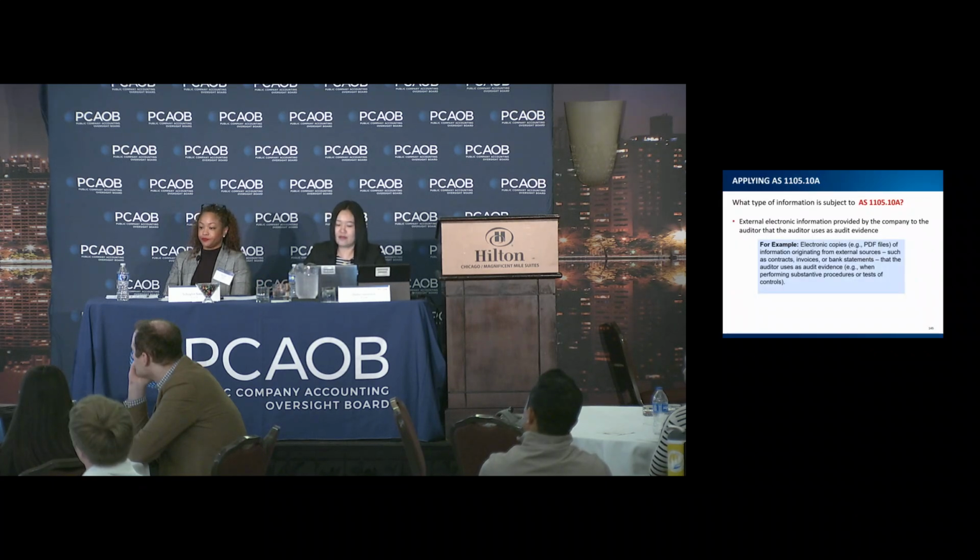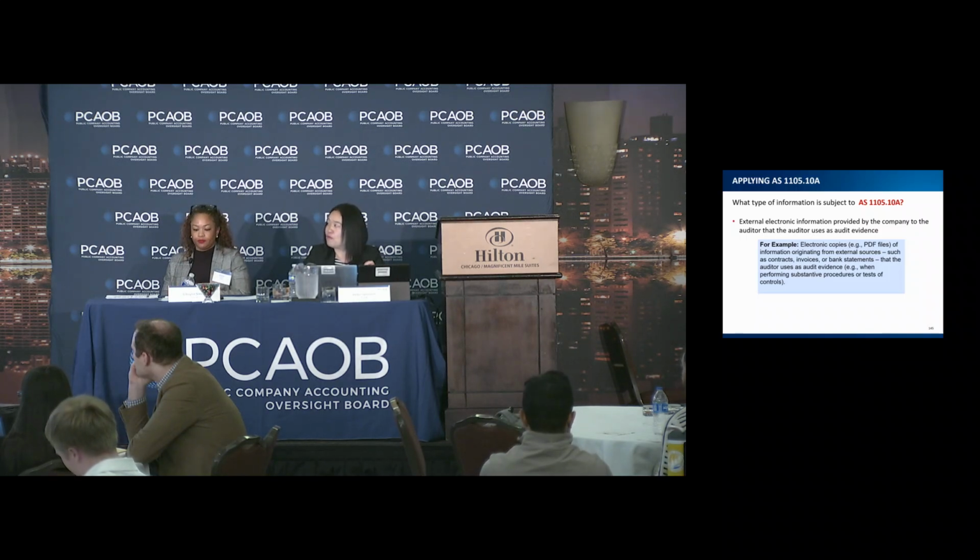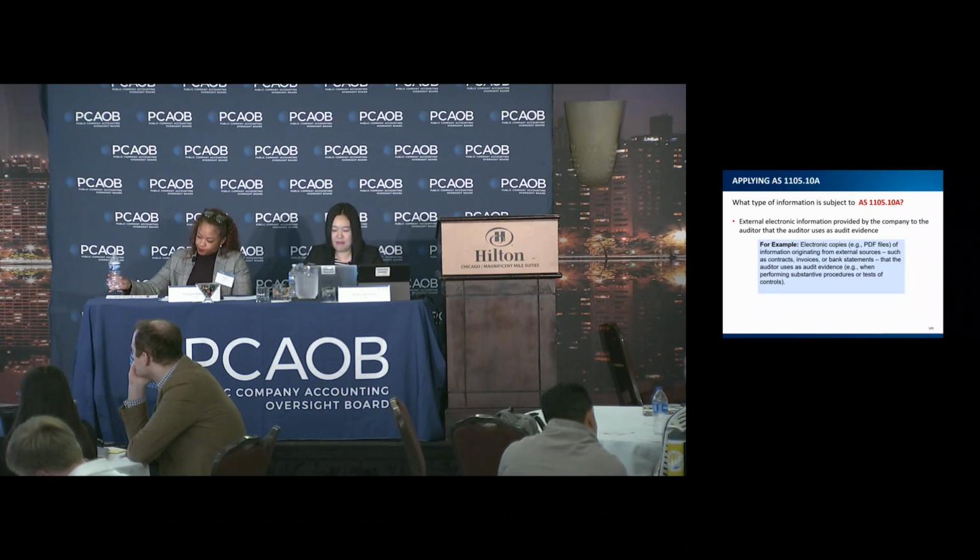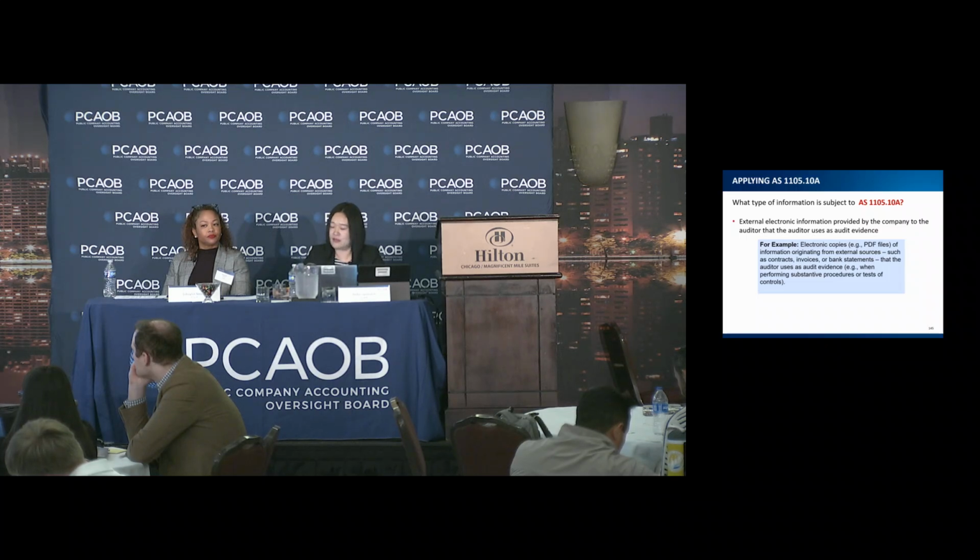So, what type of information is subject to paragraph A10A? It is information the company received from an external source that it provided to the auditor in electronic form. In practice, this could be, for example, electronic copies of vendor invoices or contracts originated from an external party, customer order information, shipping information from third-party carriers, or bank statements.